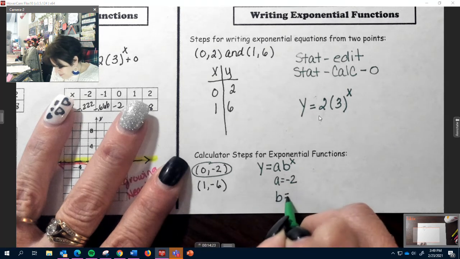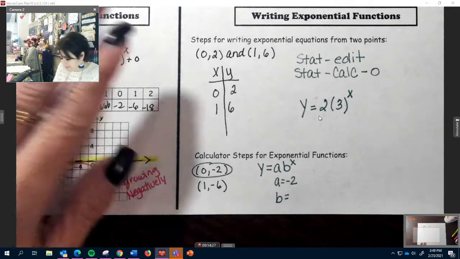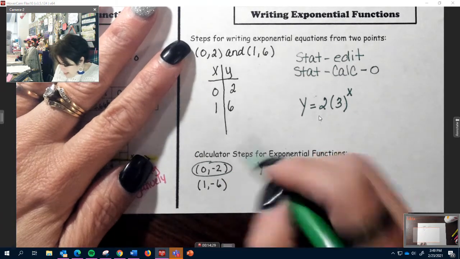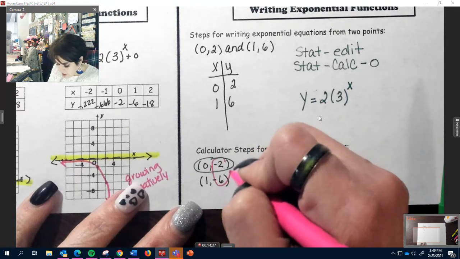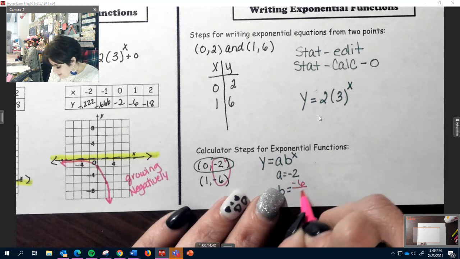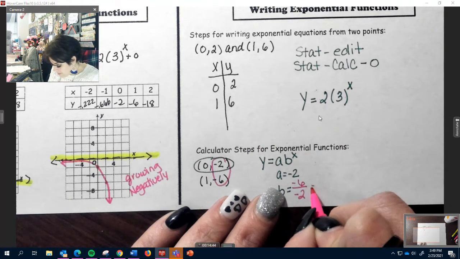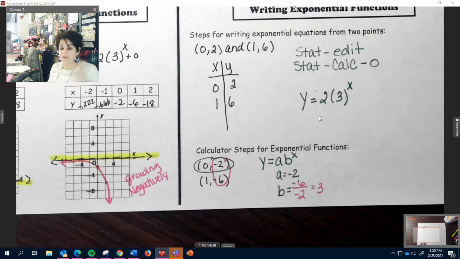But what is B? I can't see B, and I only have 2 points. Remember, the B is the common ratio of the y values. So it's going to be -6 divided by -2, which is +3. You just have to take the y values and divide them out.